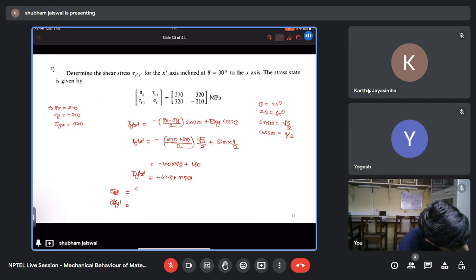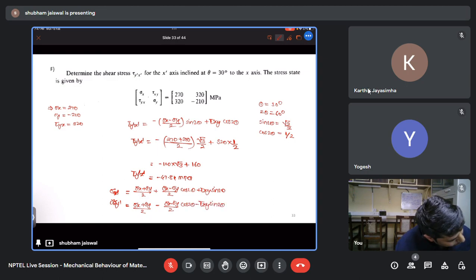So we'll use the equation sigma x prime equals sigma x plus sigma y by 2 plus sigma x minus sigma y by 2 cos 2 theta plus tau xy sin 2 theta, and sigma y prime equals sigma x plus sigma y by 2 minus sigma x minus sigma y by 2 cos 2 theta minus tau xy sin 2 theta.